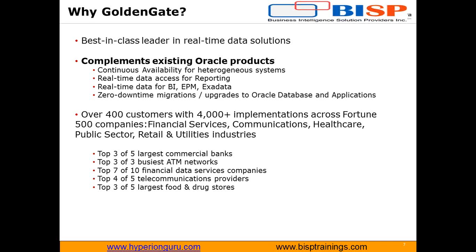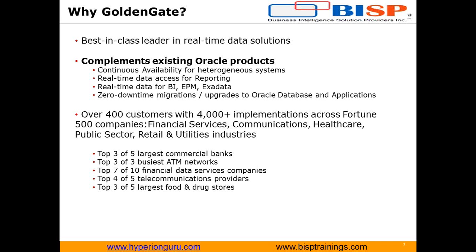So using Goldengate, you can replicate the data to the secondary server, and one server would be used for transactions, and all your reporting jobs could run from the secondary server on which data is getting replicated.